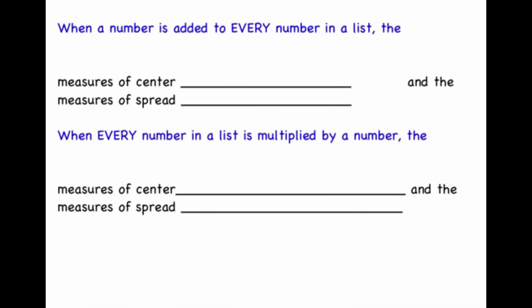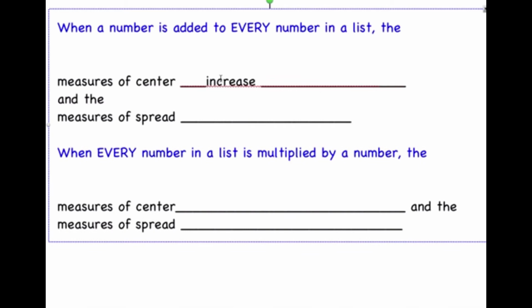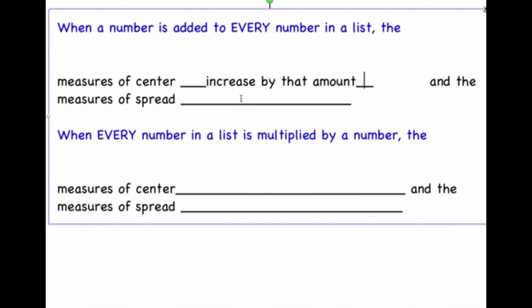So to summarize, when you're adding or subtracting a value to every number in a list, the measures of center will increase by that amount. But the measures of spread will stay the same.